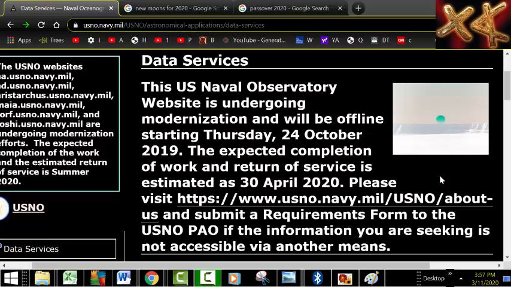They're not providing us with any of this astronomical information for us to go in and see when the new moons are. Now, I find it a bit strange that they would have to take out their website for modernization, but that's not the only thing that we're going to find strange or interesting or worth a second look as we go down here and look at some of this stuff.